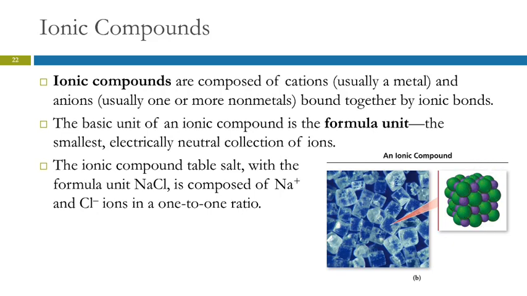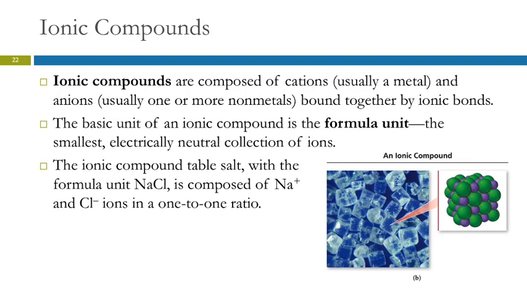So there's not one discrete particle that we can point to. In essence, each of these salt crystals is one ginormous molecule. But it's not actually a molecule, because each of these crystals is going to have a different number of sodium and chloride atoms. It's just that the ratio is the same.